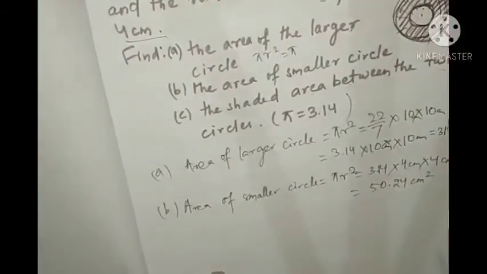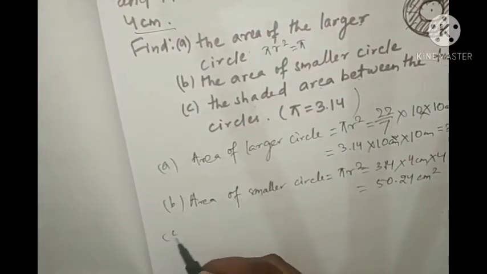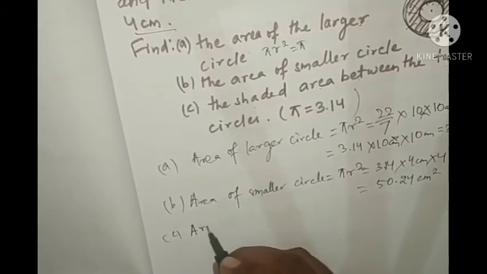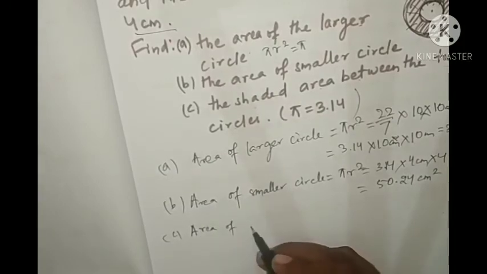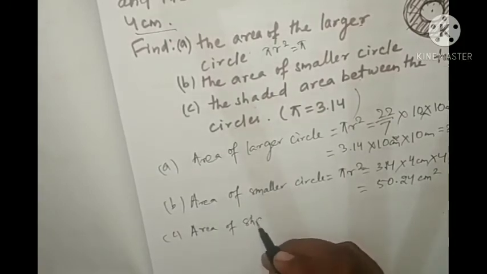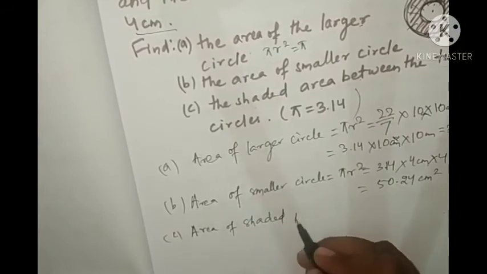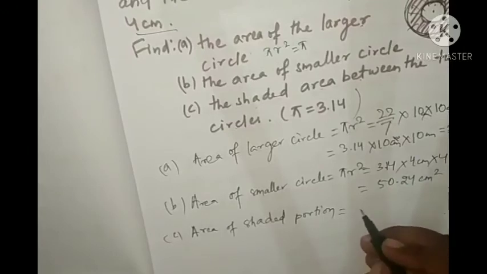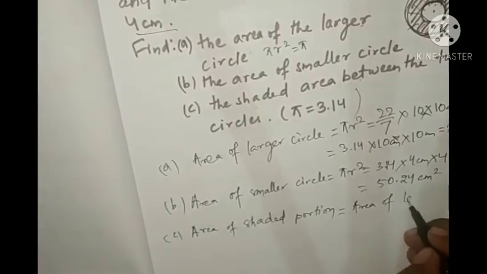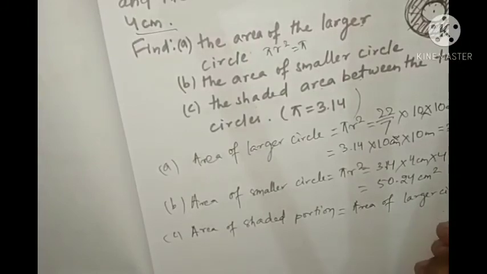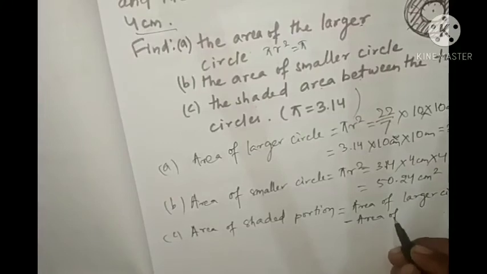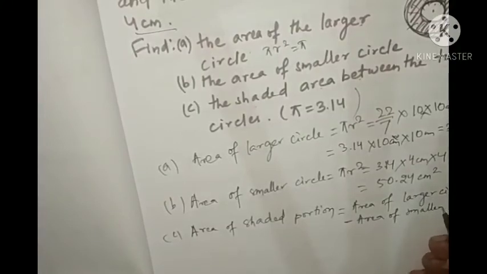So C, area of shaded portion equals area of larger circle minus area of smaller circle.